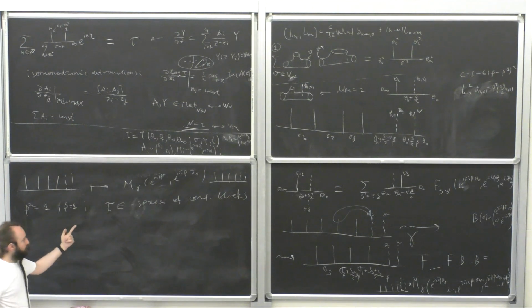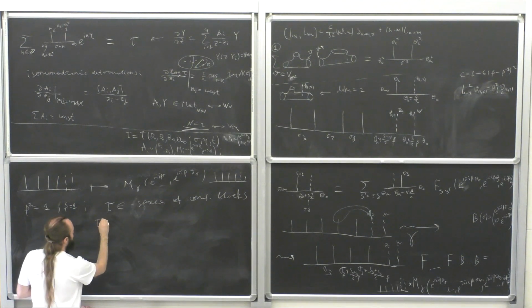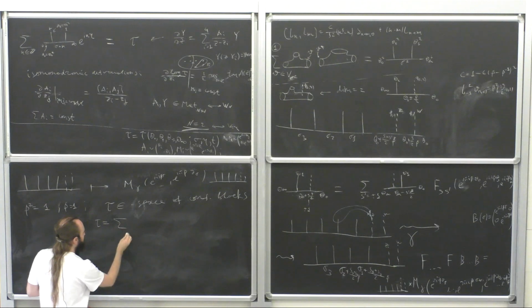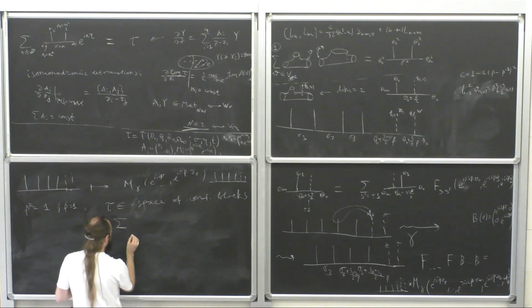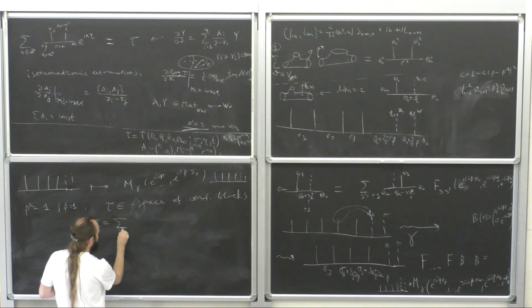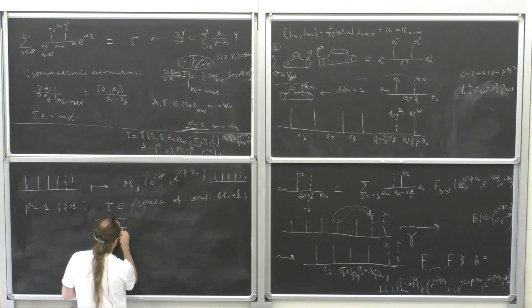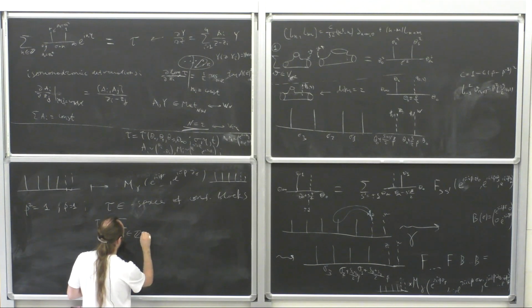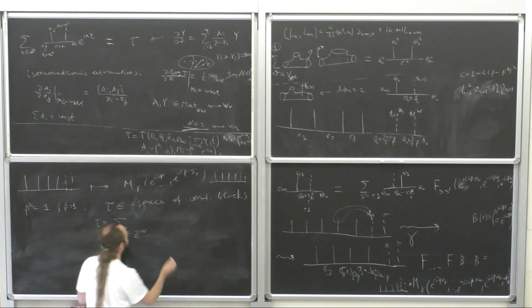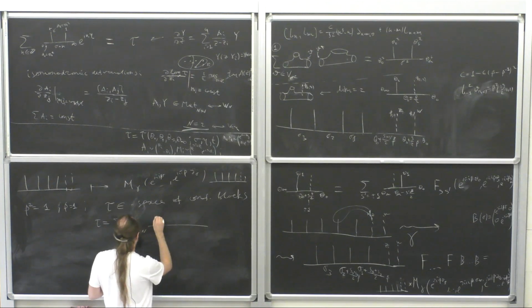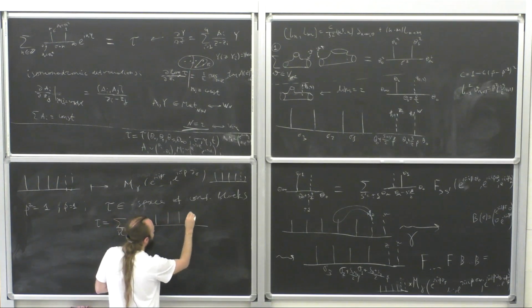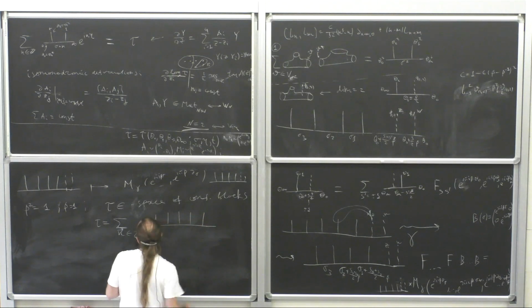And this is defined by this formula. Tau is a sum of n less than some z, zn, a conformal block.